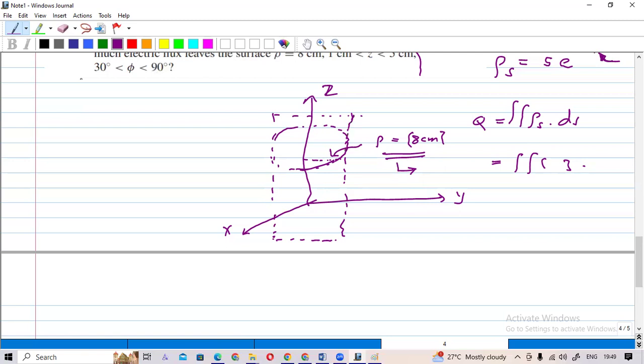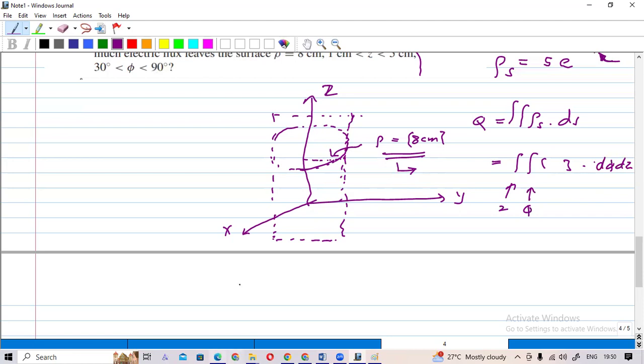This surface is related with what? You need to do the integration with respect to d phi and dz, with respect to z and phi.